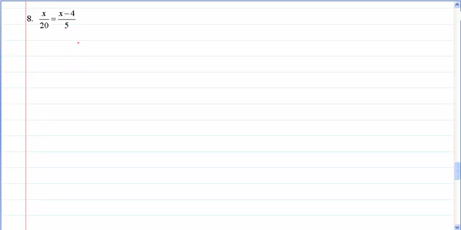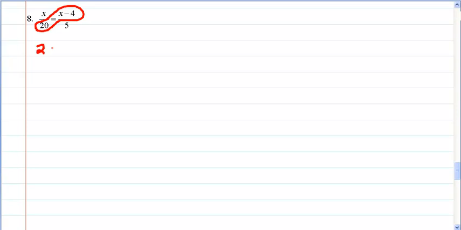So for number 8, x over 20 equals x minus 4 over 5. Once again, I have a proportion, one fraction equal to another, so I start by cross multiplying. And I'm going to start with the 20 times the x minus 4.